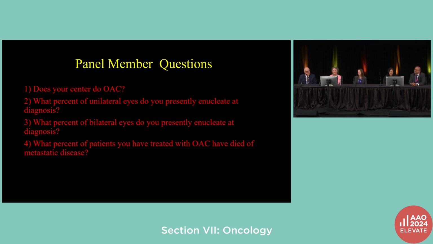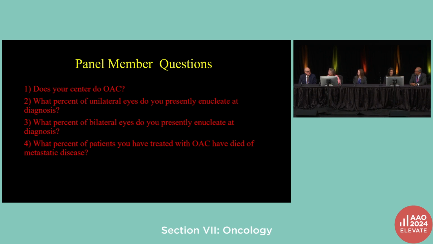Now, are we sacrificing patient survival by doing this? So the question is, of all the patients you've done, we've now passed 3,000 infusions. Of all the patients you've done, how many have died of metastatic disease? Or what percent? 0. So of all the patients we've treated with IAC, one has died, but his eye had no tumor.